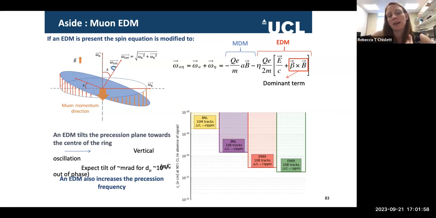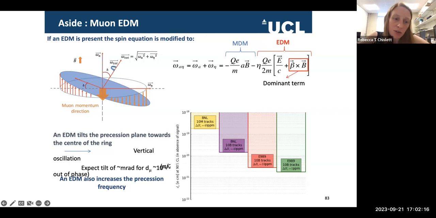So the effect it has is tilting your precession plane. It would also change your precession frequency by a small amount, but way below what we could actually measure.